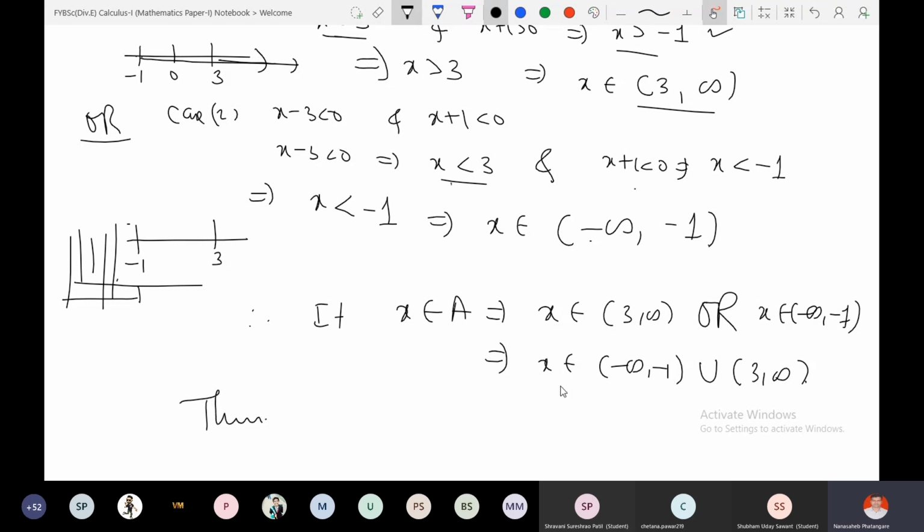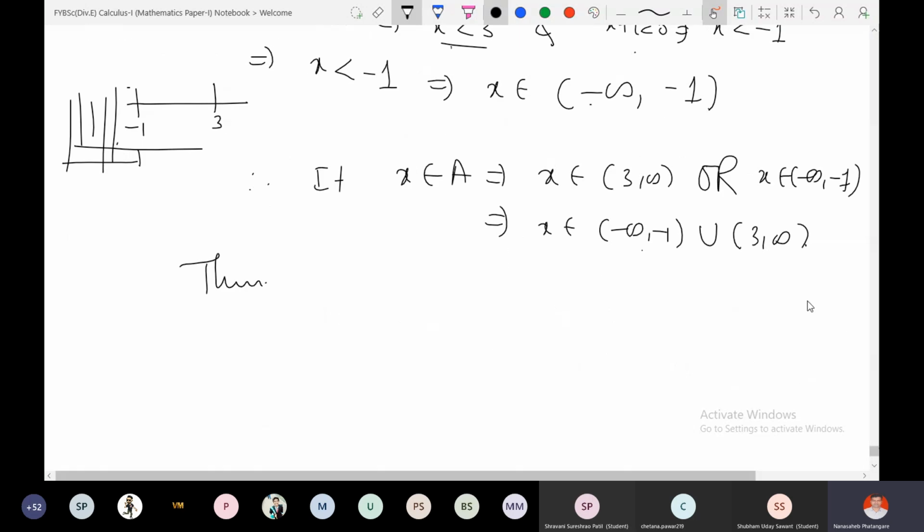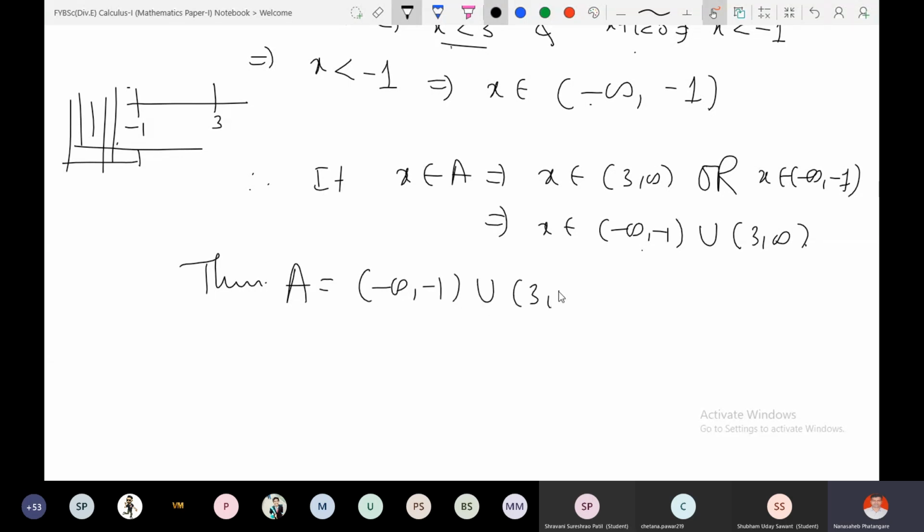If x is in A, then x satisfies this condition, or x is in this set, and therefore what is set A? A is minus infinity to minus 1 union 3 to infinity, which is equivalent to saying that x is a set of all those real numbers which are less than minus 1 or greater than 3.